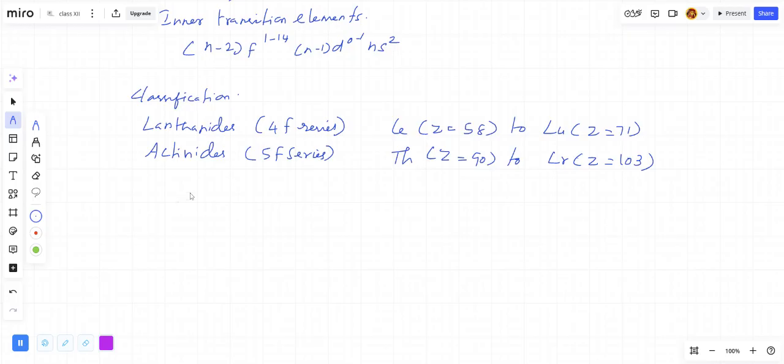Now let's see the trends and characteristics of lanthanoids and actinoids.